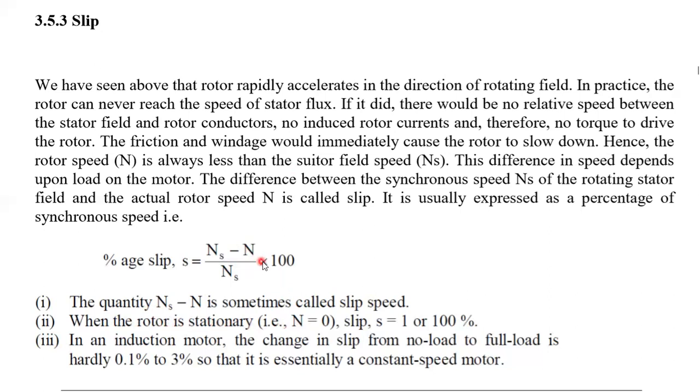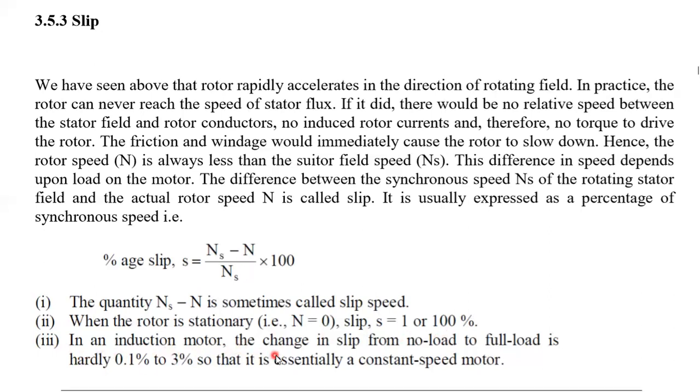If n is equal to 0, what is the slip? Slip is equal to ns by ns, that is 1 or 100%. At starting condition, the rotor speed is equal to 0, so slip is equal to 1.